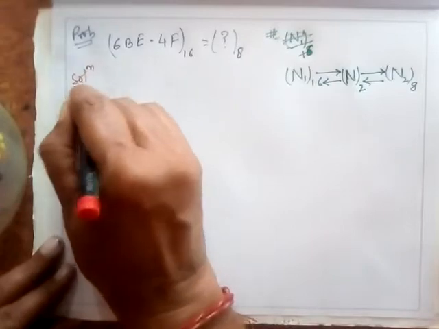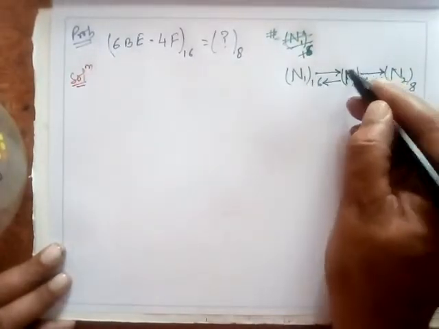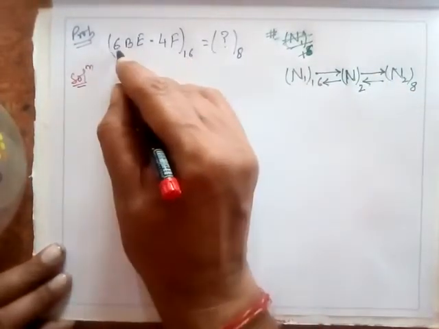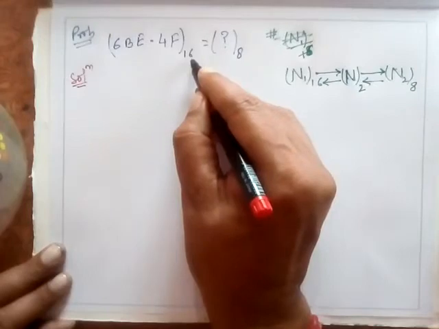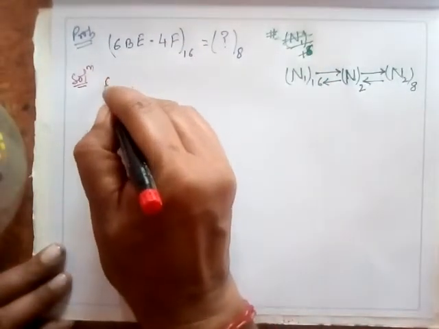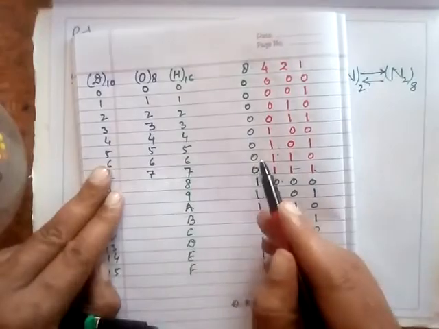The very first thing I do is convert this into base 2. In base 2, every digit of the hexadecimal number has to be converted into 4 bits. So this 6 in hexadecimal is 0, 1, 1, 0.